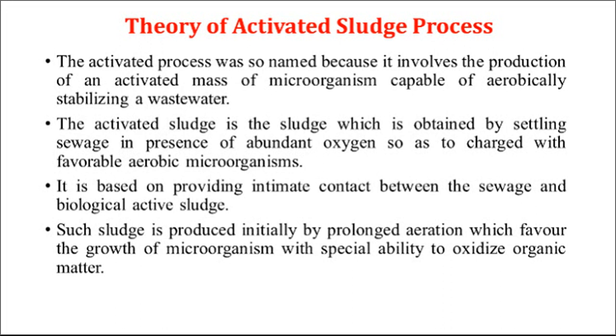It is based on providing intimate contact between the sewage and the biologically active sludge. Such a sludge is produced initially by prolonged aeration, which favors the growth of microorganisms with a special ability to oxidize the organic matter present in wastewater.